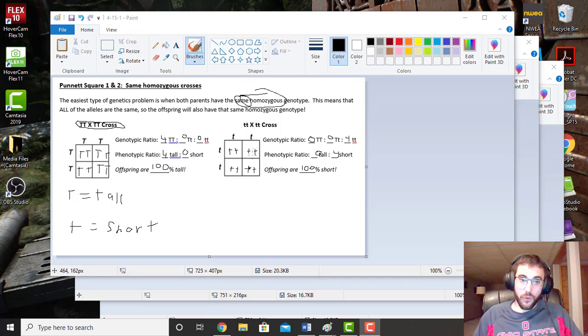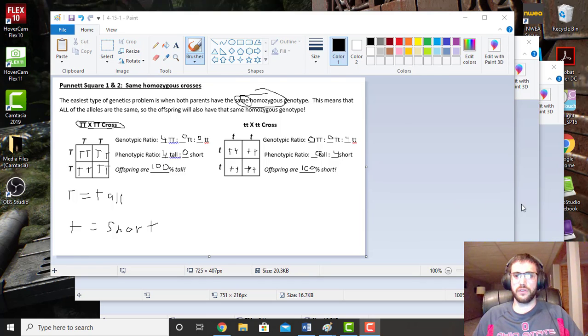So that means all four boxes are also going to be just like the parents, little t's. No big T's, no big T little t's, but all four little t. So because they're all little t, that means all four of them are going to be short, with none of them being tall. That's a 100% chance of them being short.